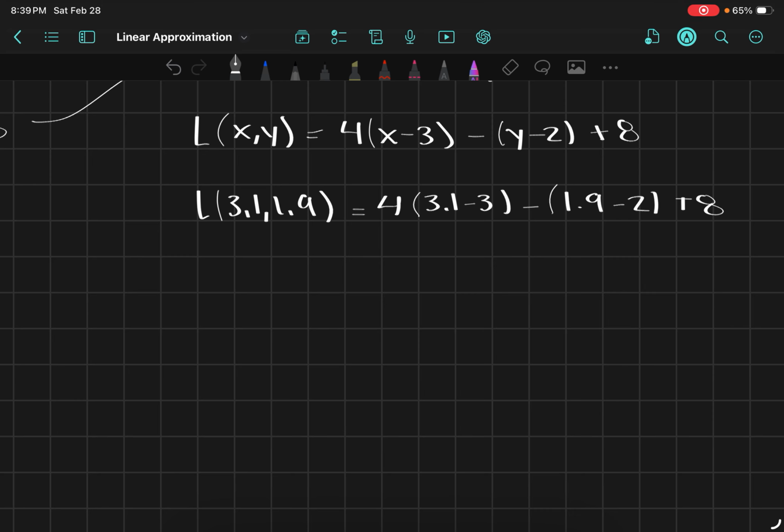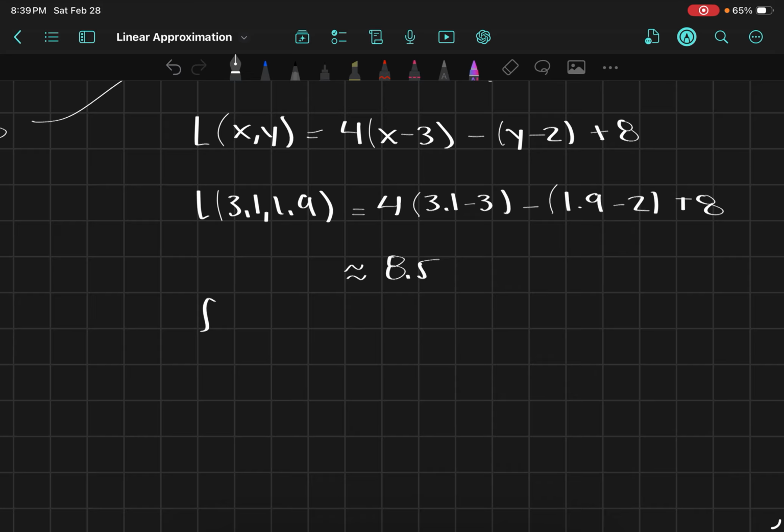So this is our linear approximation here. Go ahead and pull out your calculator. This is why I was advising to have a calculator during this one. Oh man, my battery's low. Let's make this fast. 4 times 3.1 minus 3, minus 1.9 minus 2, plus 8. I got 8.5. So our linear approximation is 8.5.